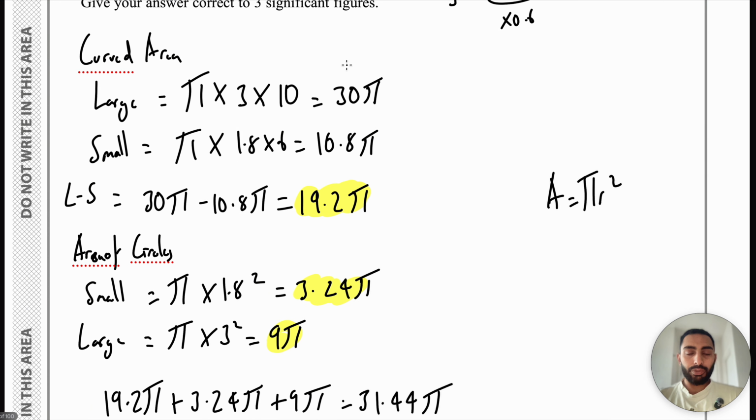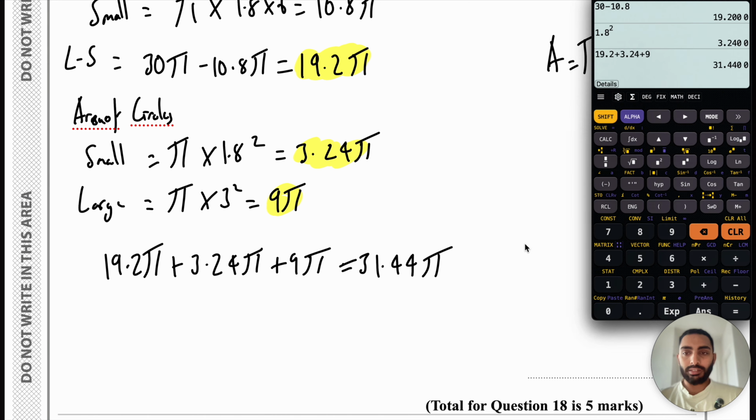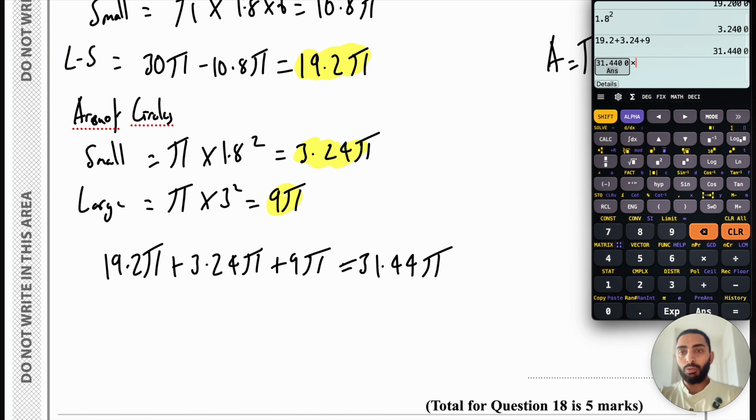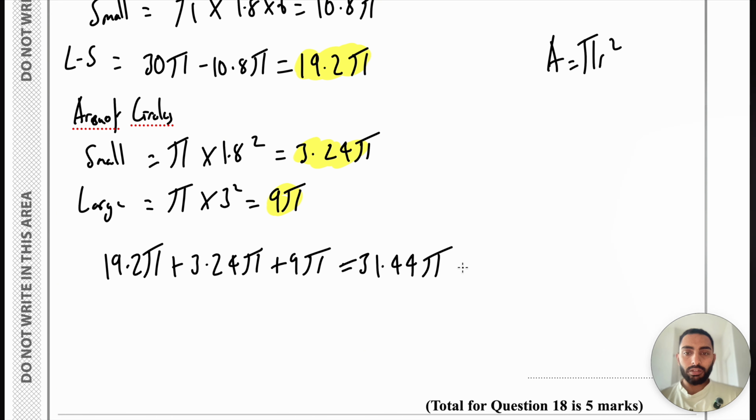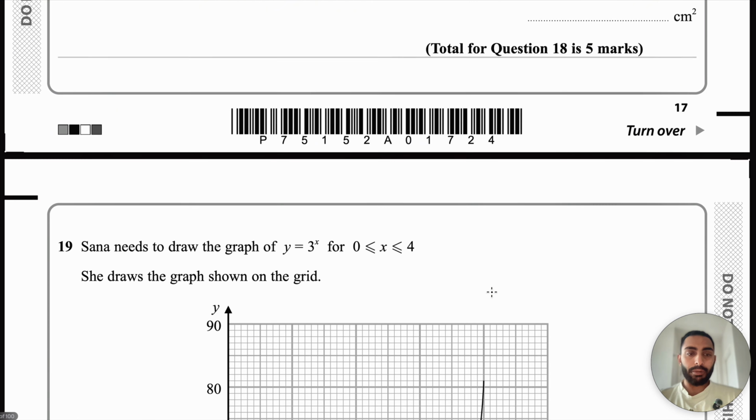I want it to 3 significant figures. So let's just find out the exact value for it. I'm going to multiply that one by pi. It gives me 98.771. I'm going to count 1, 2, 3. So I'm looking after this first 7, and this second 7 is telling me that I need to round up. So it's going to become 98.8. That would be in centimeters squared because it's an area.